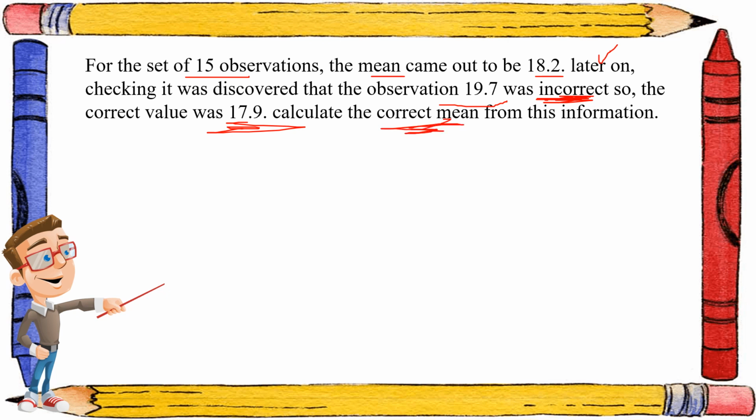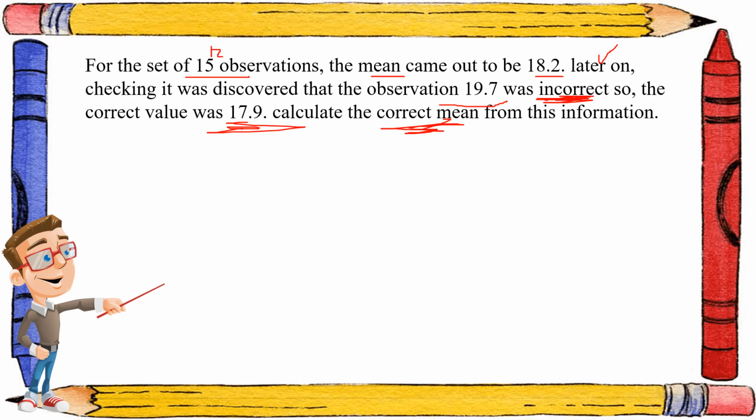There is a lot of information going on, so to avoid any mishap or confusion, just underline the things that I have done, so you can point out the main things. There is a set of 15 observations, that means this is n.